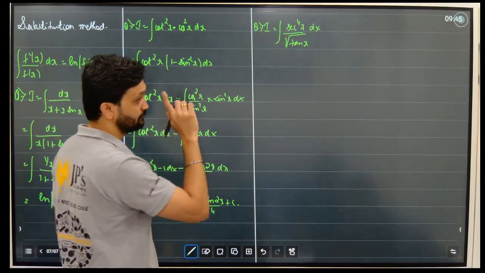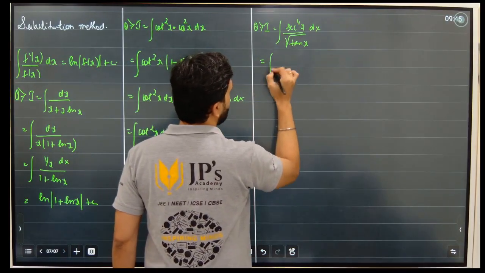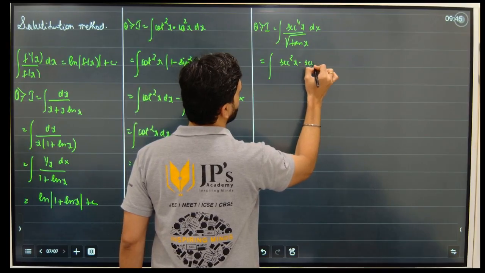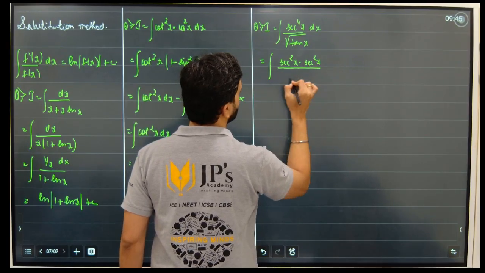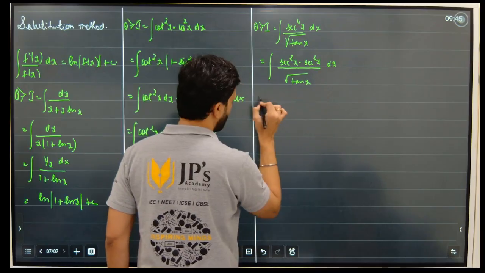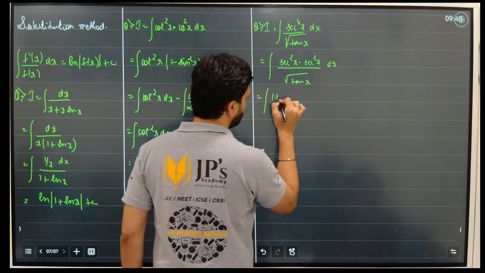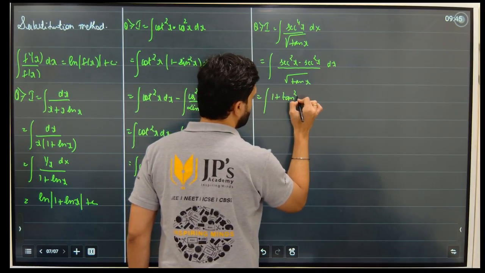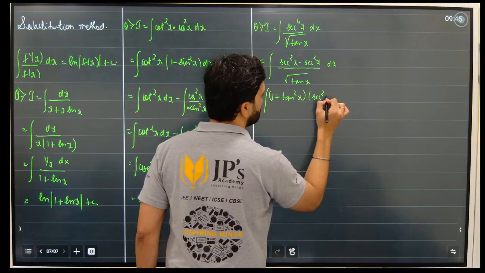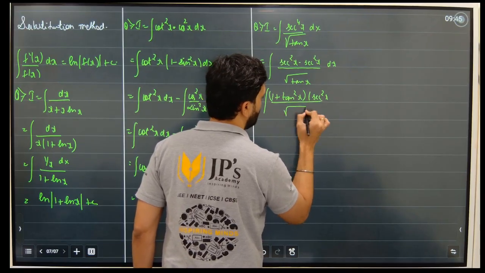So whatever I want to do, I'll write this as sec square x into sec square x upon root of tan x dx. Sec square x is 1 plus tan square x, into sec square x upon root of tan x.